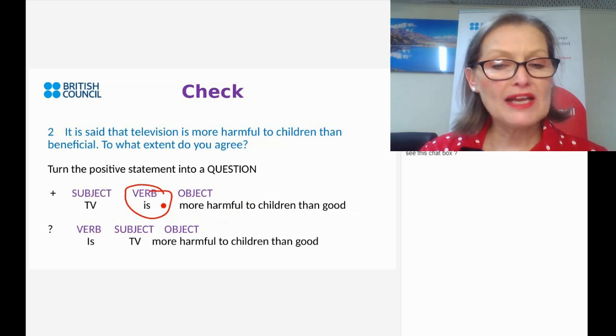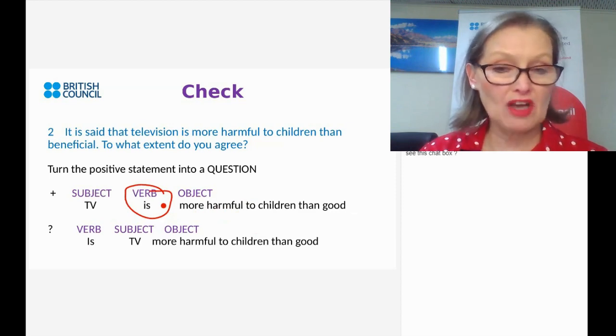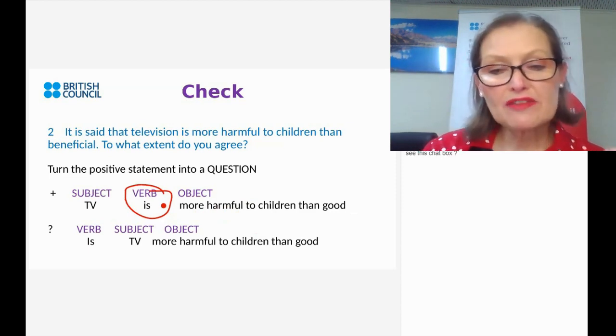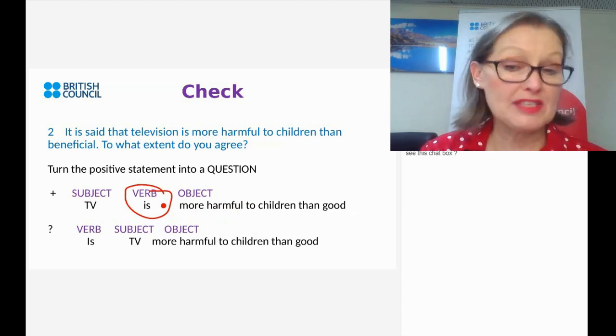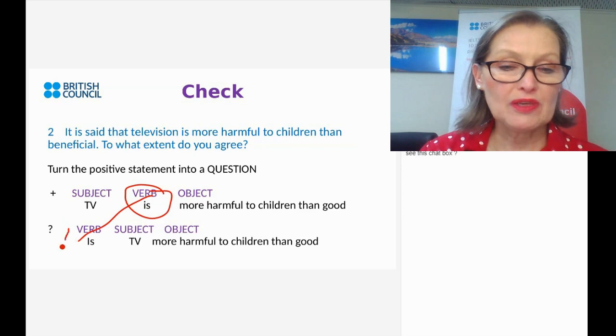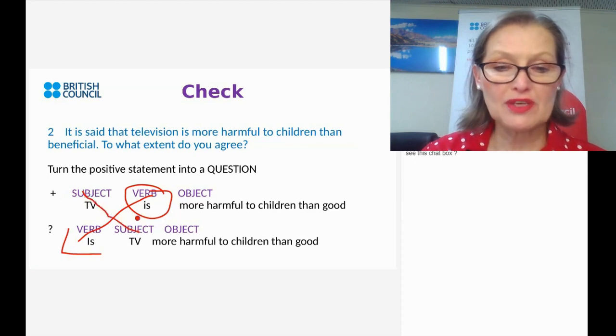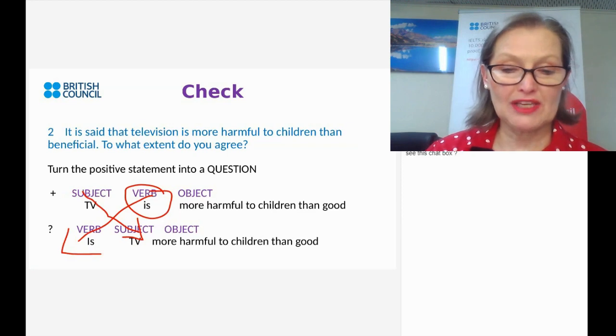So my state verb, am, is, are, has a different question rule in my basic grammar. And what I need to do is I need to be able to change the order. So my verb comes first and my subject comes second.